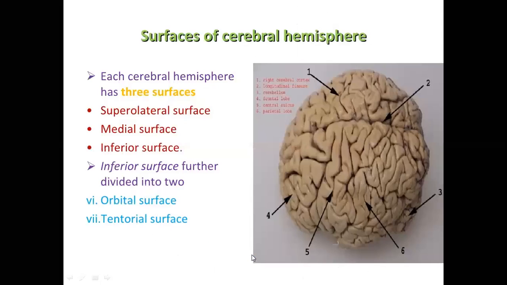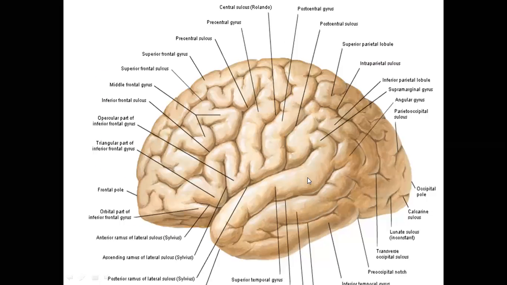Now, when you see the cerebrum, it has depressions and elevations. On its surface, you can make out a lot of depressions and elevations. These are known as gyri and sulci. The depression is a sulcus, and between two depressions, the elevated region is known as a gyrus.